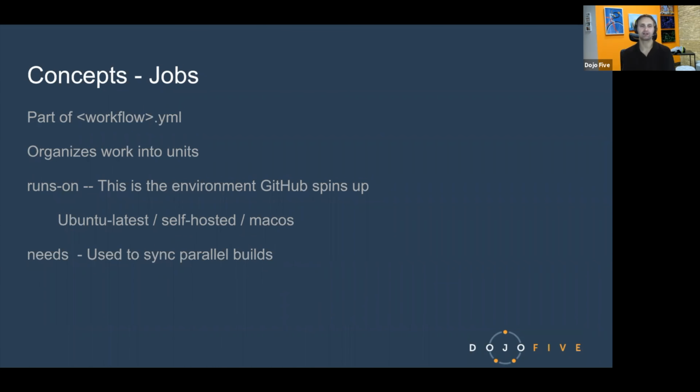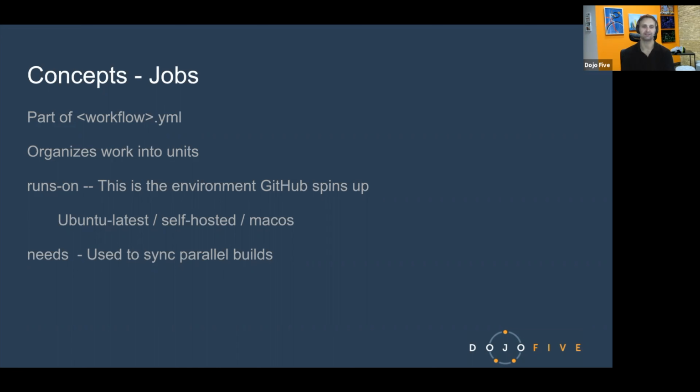And then jobs. So jobs are part of the workflow YAML, and it organizes the work into units. As I mentioned, it's important from a concurrency standpoint for a large part. There are a couple keywords at the jobs level that I want to focus on. One is runs-on, and this is the environment that GitHub spins up to run this particular job on, and that's a required keyword.